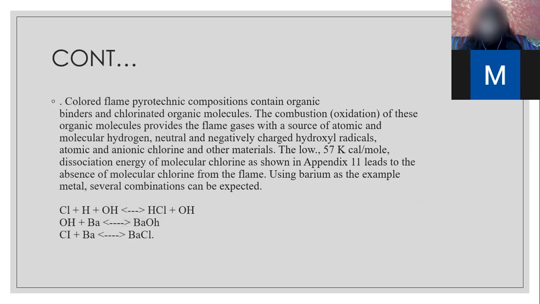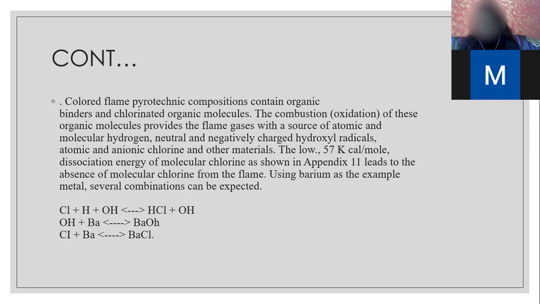Next, colored flame pyrotechnic compositions contain organic binders and chlorinated organic molecules. As we have talked about before, the pyrotechnic composition contains organic binders, which we artificially add, and also chlorinated organic molecules, which are used so that the chemicals can be dissolved.